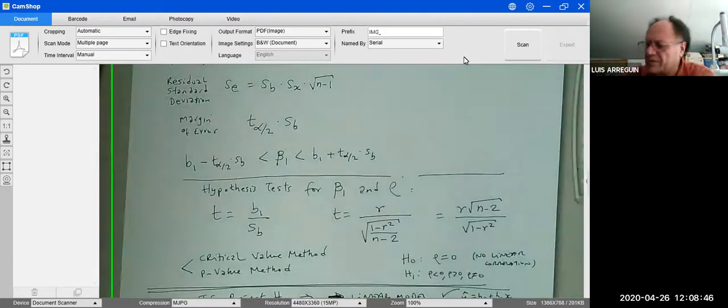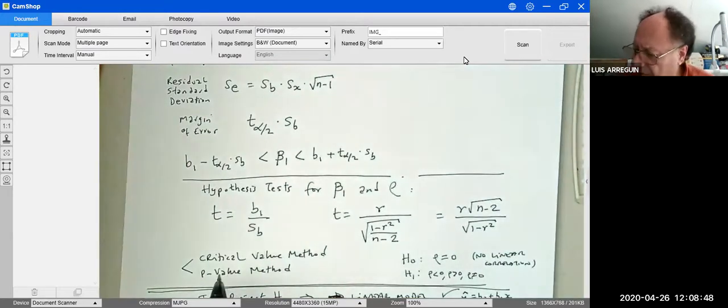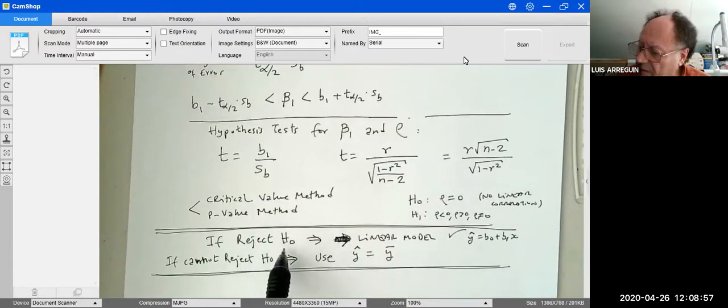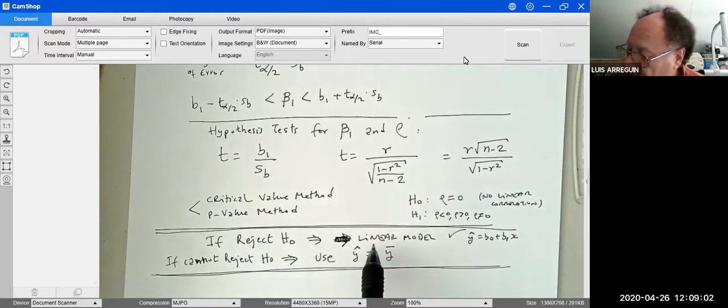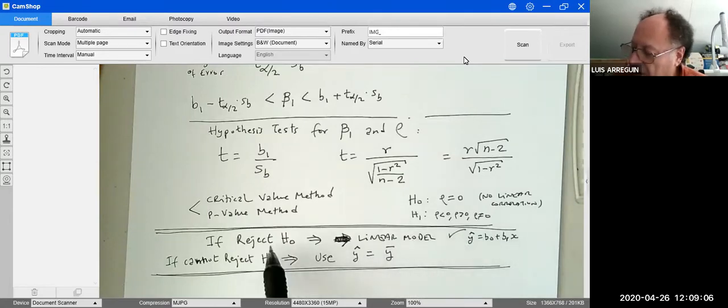And once you have your test statistic, you're going to use either the critical value method or the p-value method to reject or not reject your null. Remember, if you reject the null, then that means that there is linear correlation between X and Y, so you can use the linear model. To use the least squares regression line, you have to obtain a decision that rejects the null.